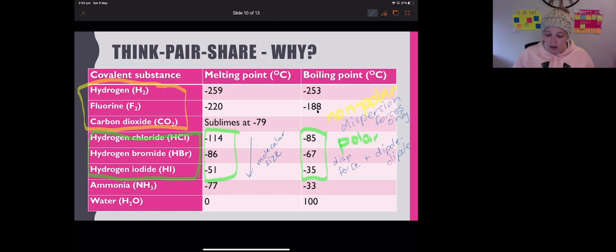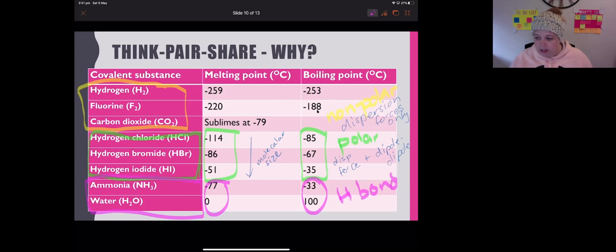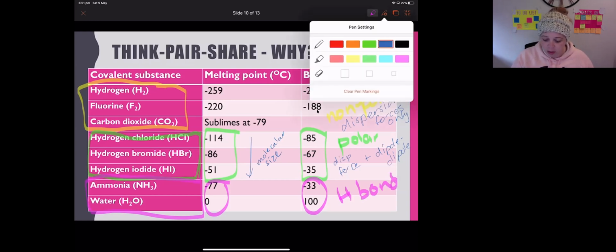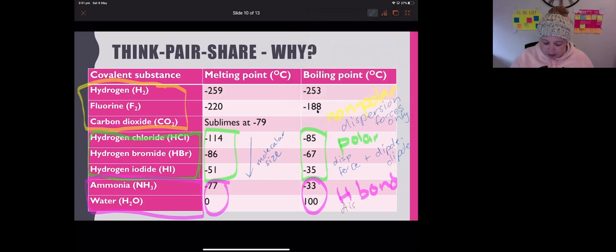Now, the last two here, we have ammonia and water. They have much higher melting points and boiling points, considering they're both quite small molecules. So these ones have hydrogen bonding plus dispersion forces, because remember how we said that everything is going to have dispersion forces.